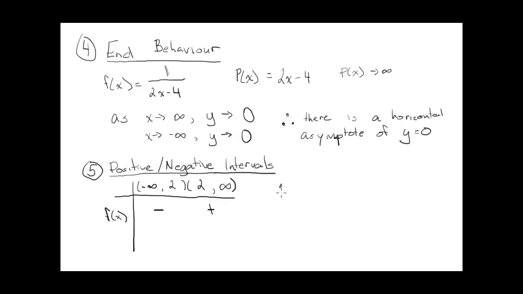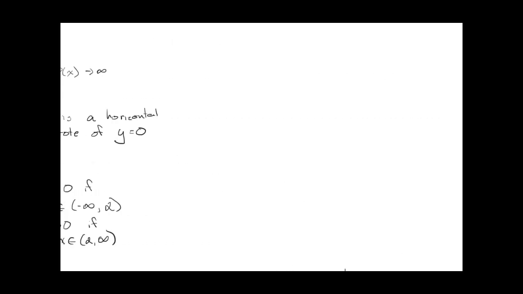So therefore, f at x is less than 0 if x is in the interval from minus infinity to 2, and f at x is bigger than 0 if x is in the interval from 2 to infinity.